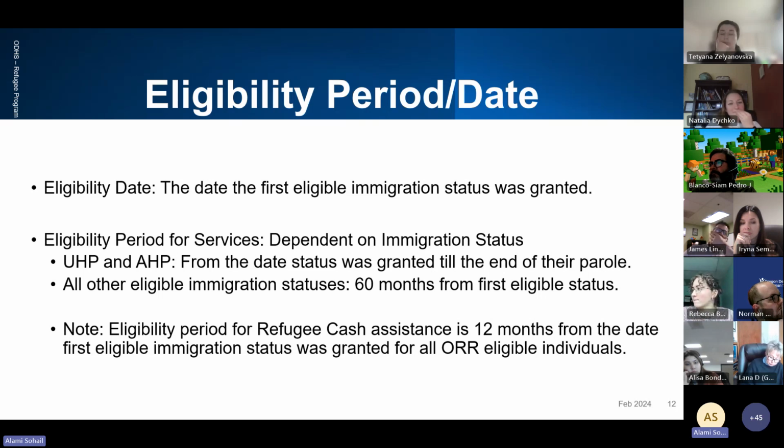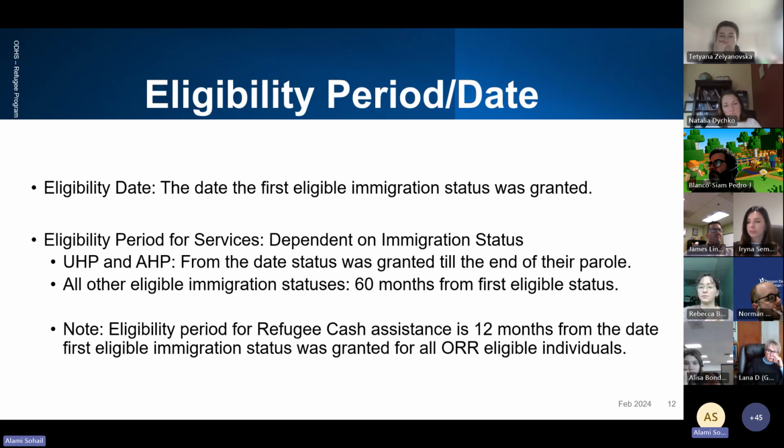That is because the eligibility period for services in general is 60 months for all of the immigration statuses, except for Ukrainian humanitarian parolees and Afghan humanitarian parolees. For them, it is the date the status was granted until the end of their parole. It is a little bit more for some Afghan humanitarian parolees, but that's a caveat that we would look at on a case-by-case basis.